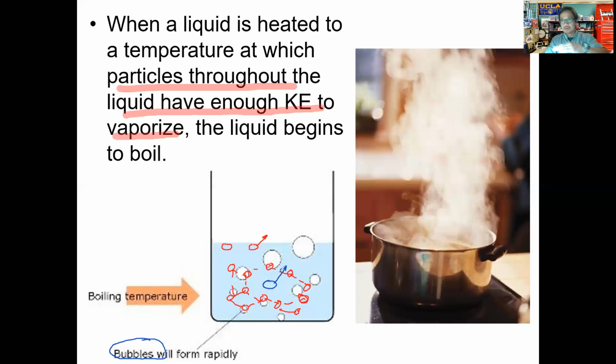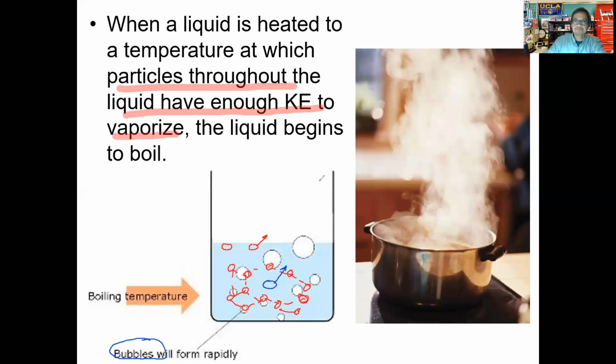However, you're also vaporizing liquid particles underneath the surface. That's the key difference between boiling and evaporation. In evaporation, you only get vaporization at the surface. In boiling, you get vaporization throughout the liquid itself, at the surface and underneath the surface as well. And that's why the observable event for boiling is the bubbles that form. All right. Very good.